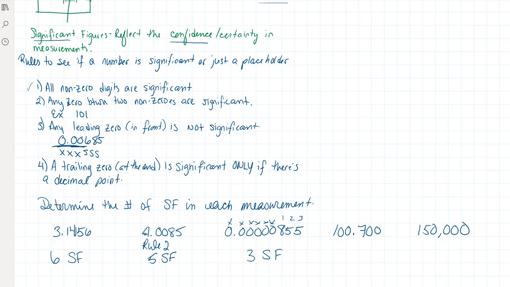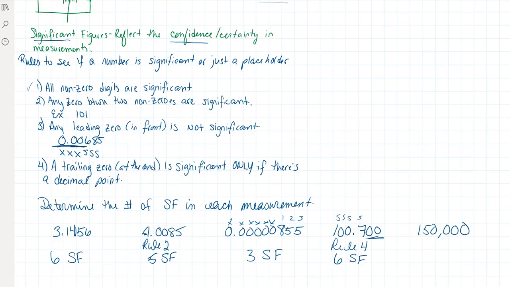Following my rules on my next one, I see I have 2 non-zeros, and a couple zeros in between, so all of these are significant. But the question is, what about these guys? In this case, I have zeros at the end, and I do see a decimal point. So according to rule 4, I would say that there are 6 significant figures here.